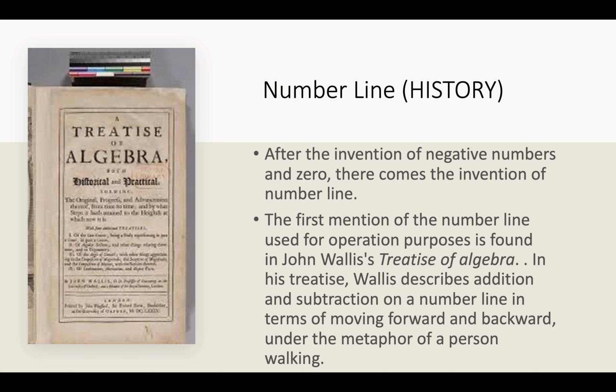In his treatise, Wallis described addition and subtraction on a number line in terms of moving forward and backward under the metaphor of a person walking. On the left hand side, I have added a picture of John Wallis' Treatise of Algebra.